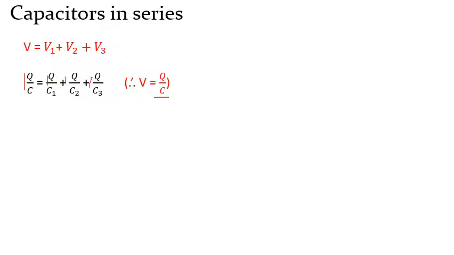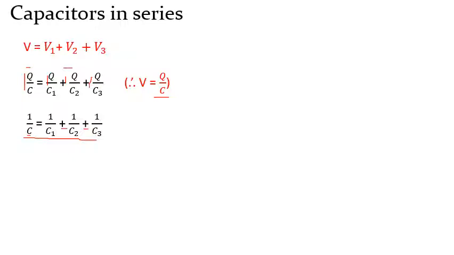Here Q on the left and Q on the right hand side is common and it cancels. That's why this is the final formula: the reciprocal of effective capacitance is the sum of the reciprocals of each capacitance.